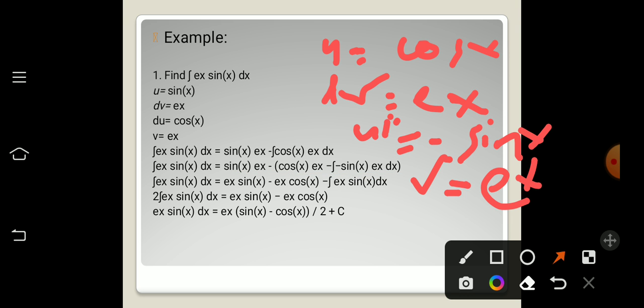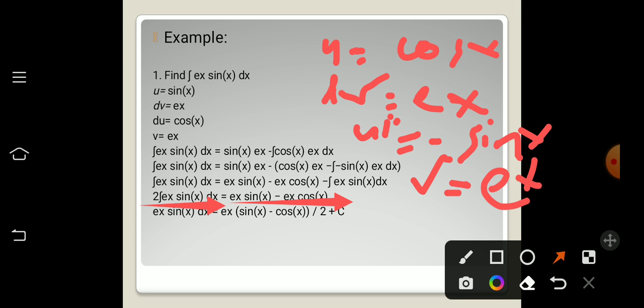Then we can move the negative integral of e^x sine x dx from the right side of the equation over to the left side. So we have 2 times the integral of e^x sine x dx is equal to e^x sine x minus e^x cos x.